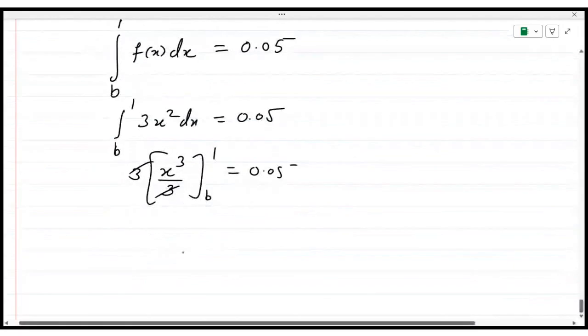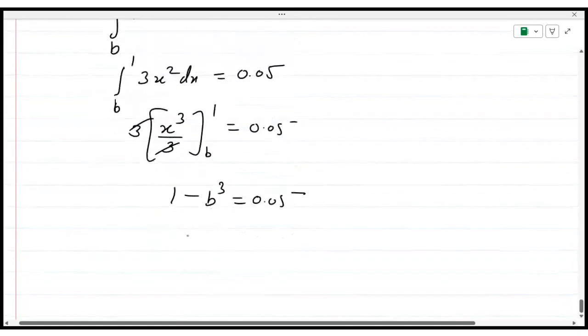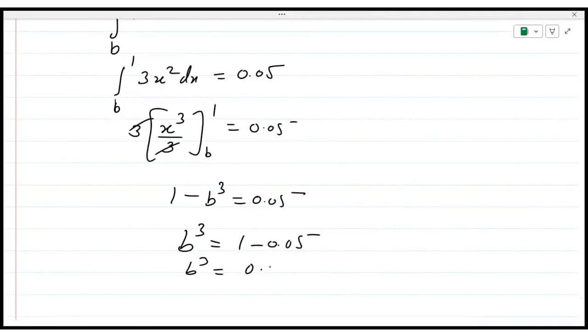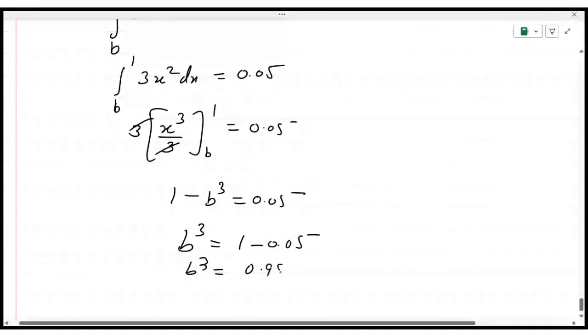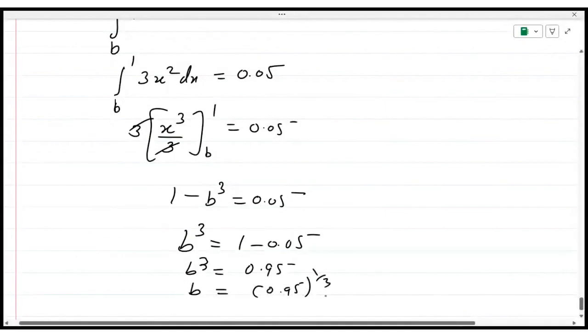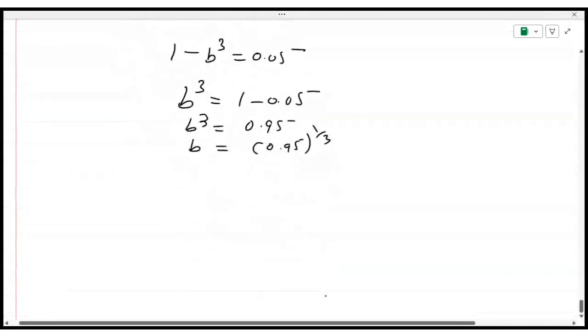Put in the values, so you will get 1 minus b cube equal to 0.05. Now send the b cube to the other side and 0.05 to this side. You will get b cube is equal to 1 minus 0.05, which is 0.95. So b is the cube root of 0.95. Okay, so is this clear?